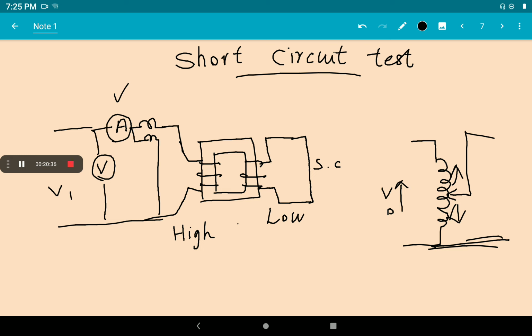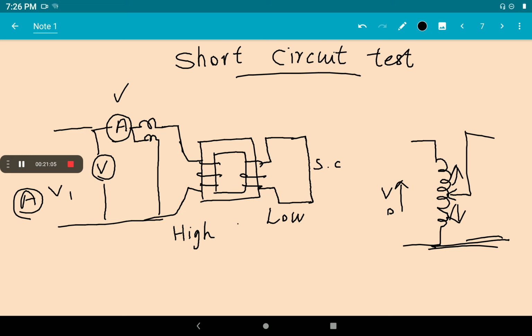So in the short circuit test, we connect an auto transformer to apply the voltage, increasing it from 0. Both for the open circuit test and the short circuit test, we give our supply voltage through the auto transformer to vary the voltage gradually from 0 to a particular value.